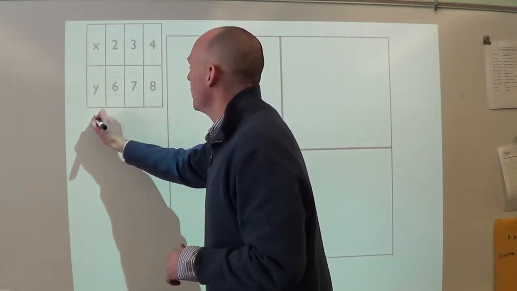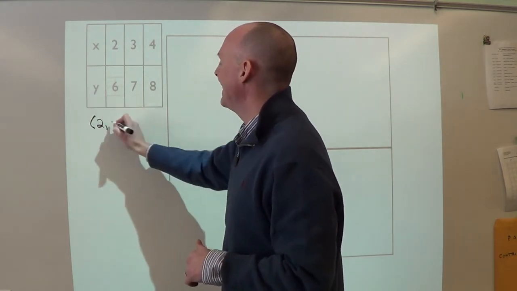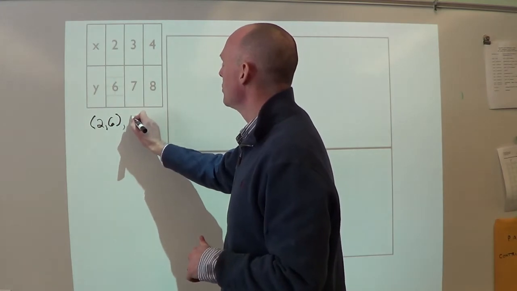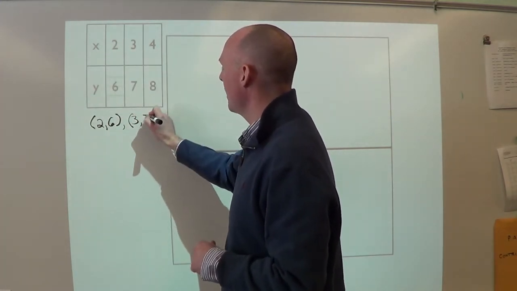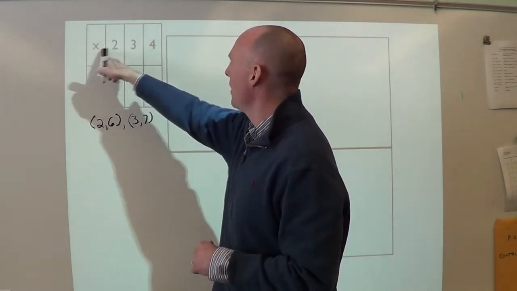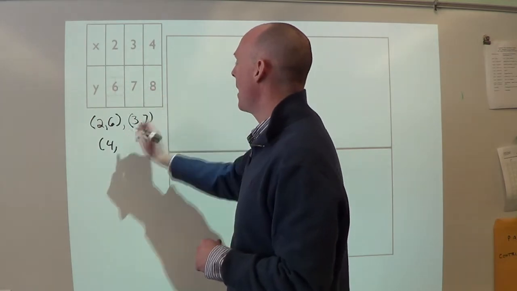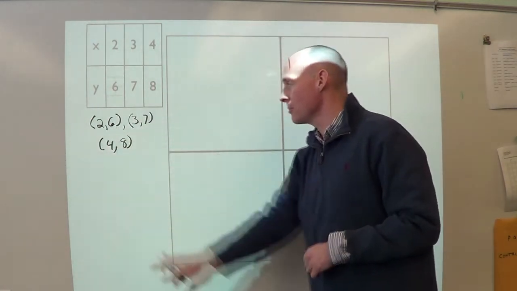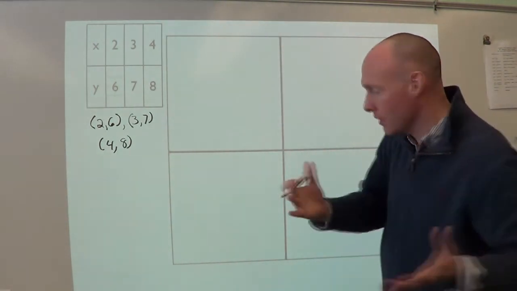So our x is 2, our y is 6, our x is 3, our y is 7, and last one, our x is 4, and our y is 8. Okay, we have our ordered pairs. We need to graph them to figure out if it's linear or not.